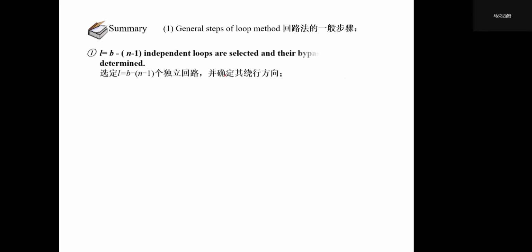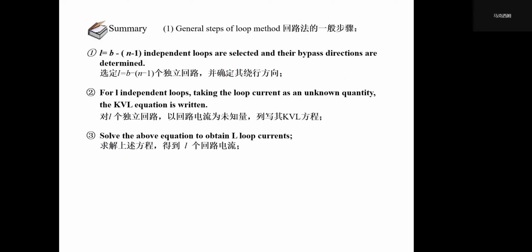So the basic steps of the loop method are to pick L equals b minus n minus 1 independent loops, and we define the circling direction of the loop current. For the L loops, we take the loop currents as unknown variables to list KVL equations.